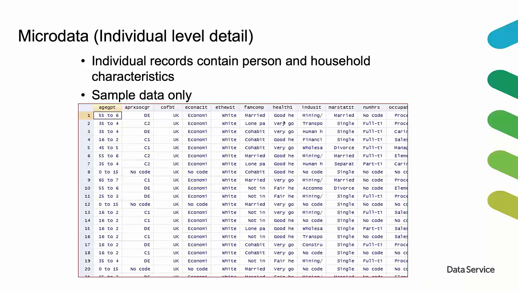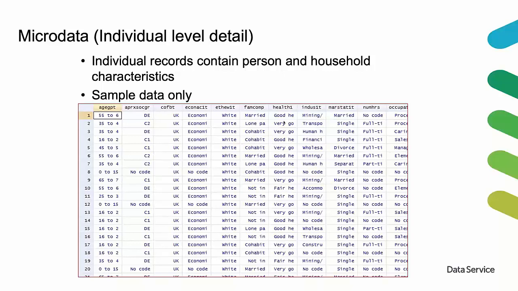So microdata, individual level data, looks very much like the sort of data you get if you conducted the census yourself. Looking at this example, each row represents a single person, and each column is a variable. You won't get the full details to prevent identification.